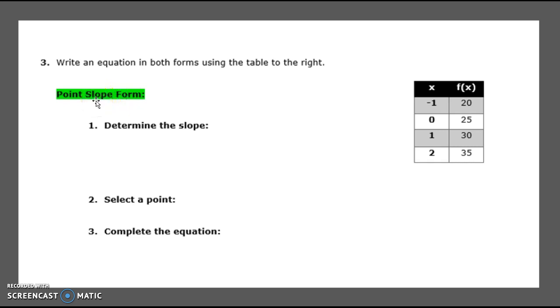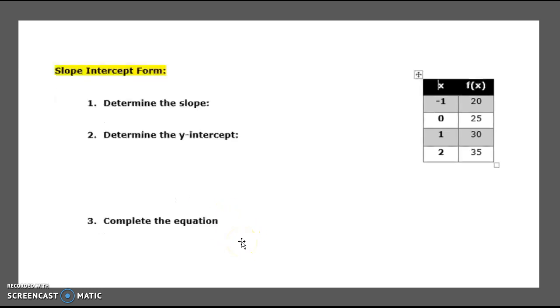So look up on the wall and make sure you know which one is point-slope form. If you follow the instructions here, you need a slope, you need a point, and then you need to complete the equation. You can use any 2 points on here that you like to determine the slope. And then you can use any point in the table that you want to complete the equation. And then you simply fill in the equation like we've been doing.